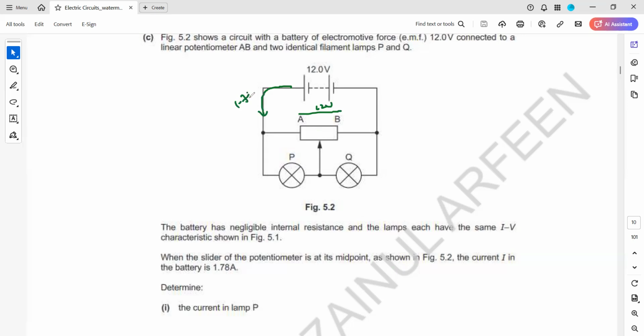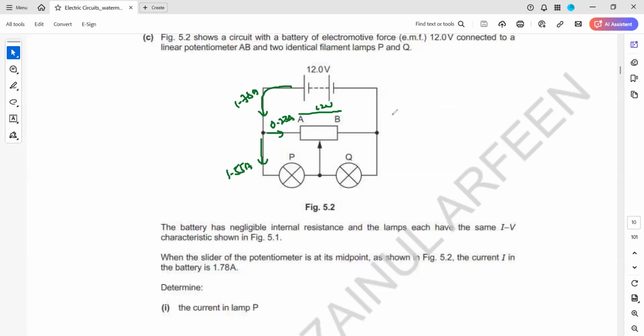The 1.78 ampere current enters, and out of 1.78, like we calculated, 1.55 ampere flows here. So what is the remaining current? We just subtract that. So 1.78 minus 1.55 is 0.23 ampere. So 0.23 ampere is the current which will flow through the potentiometer, and the voltage across the potentiometer is 12.